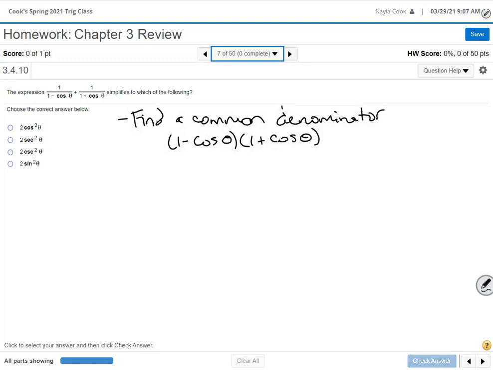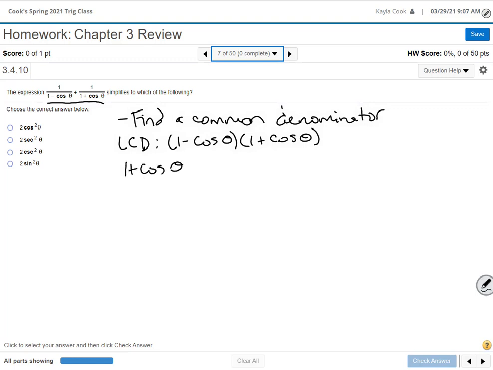So the first term in my original expression, the denominator is missing the 1 plus cosine theta from my least common denominator. So I'm going to multiply the numerator and denominator by that missing factor, which is 1 plus cosine theta.